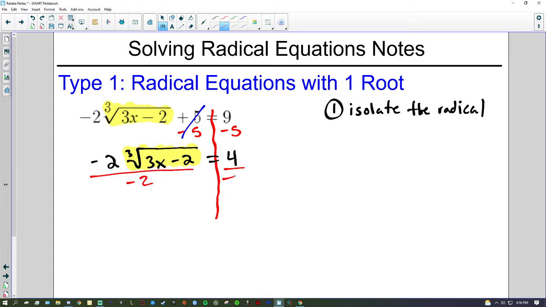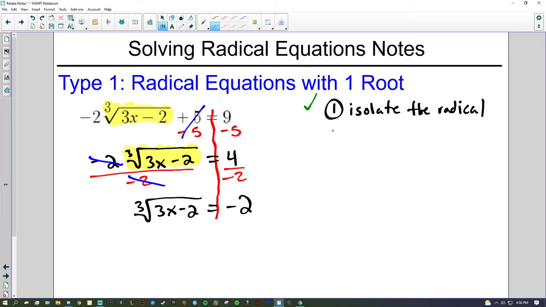Okay, divide both sides by negative 2. When I divide both sides by negative 2, my negative 2's on the left are all gone like we want, and we're left with the third root of 3x minus 2 equals 4 divided by negative 2 is negative 2. Okay, so step one is all done. It is isolated. I'm just going to put a little check mark here.